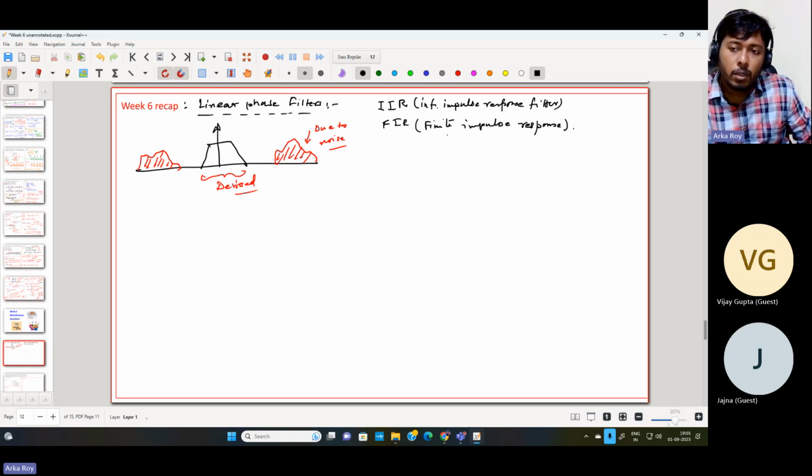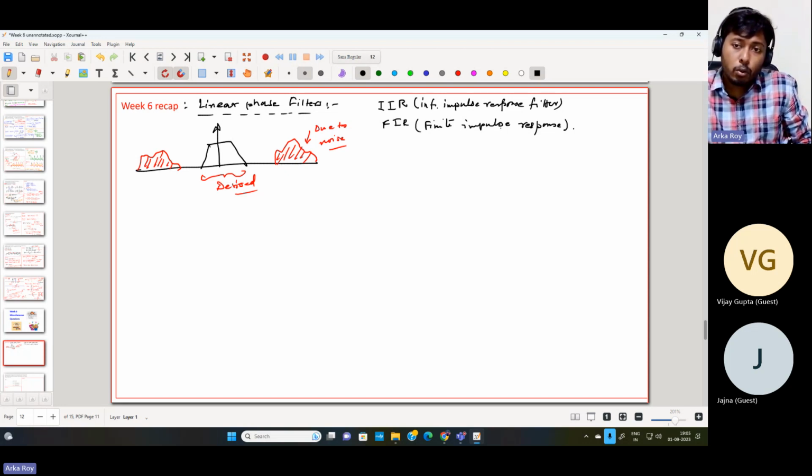In case of finite impulse response filters, the number of coefficients that we need to store is bounded, for example of length n or length n plus 1. So the number of values that we have to store is finite. However, in case of infinite impulse response, the system response depends on the input and the past versions of input as well as the past versions of output.